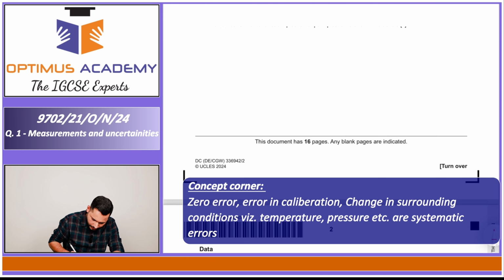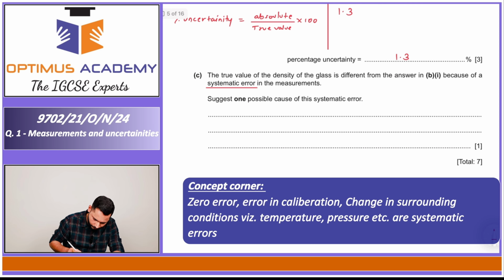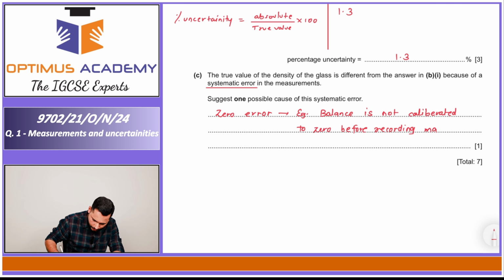So we can write the reason for this systematic error could be zero error, for example, the balance is not calibrated to zero before recording the mass of the object.